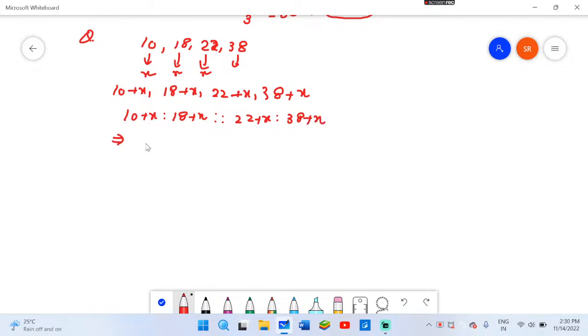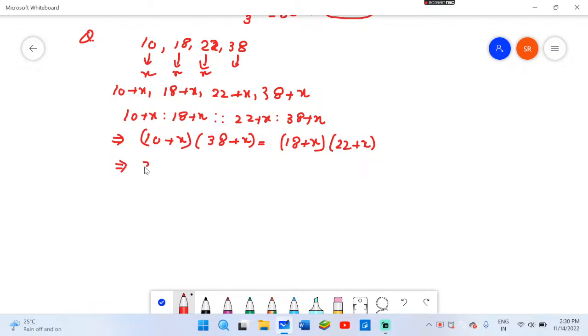Then product of extremes, 10 plus x into 38 plus x, is same as 18 plus x into 22 plus x. We need to calculate the value for x.